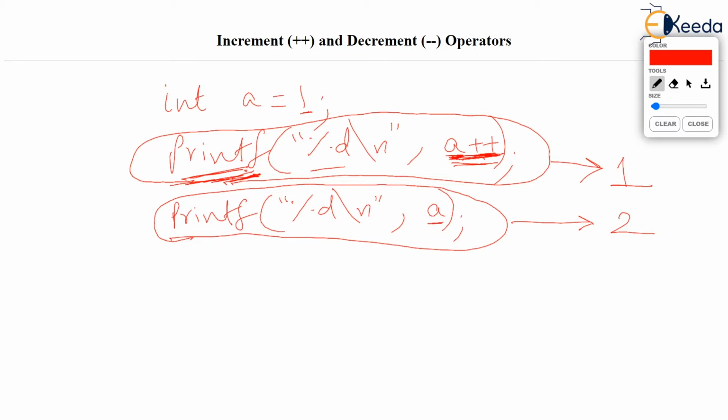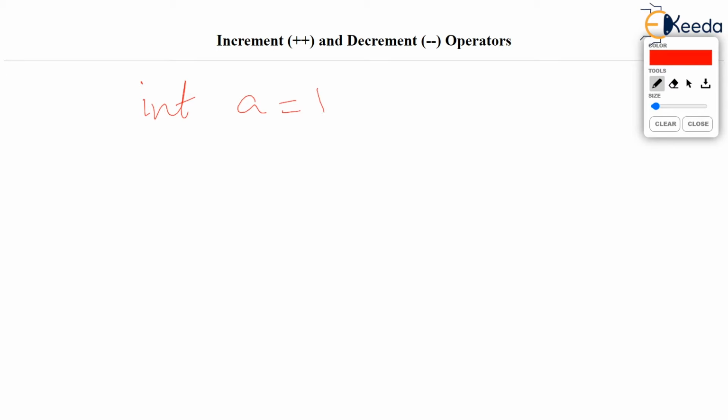Let's see one more example where I have given almost the same code. Let's say we have int a equal to 1, and then we have printf, let's say percent %d backslash n, and what we are printing here, just observe, is plus plus a.